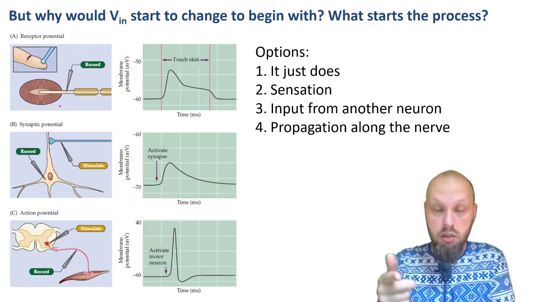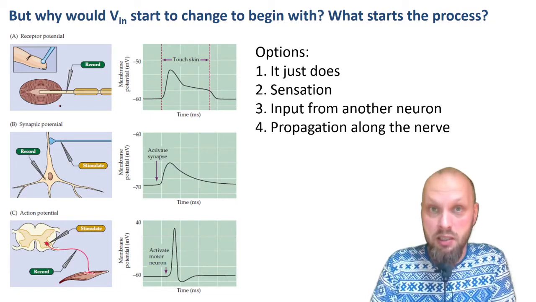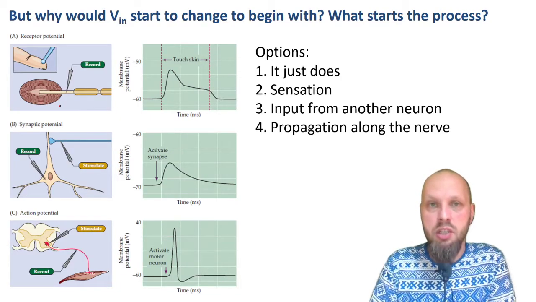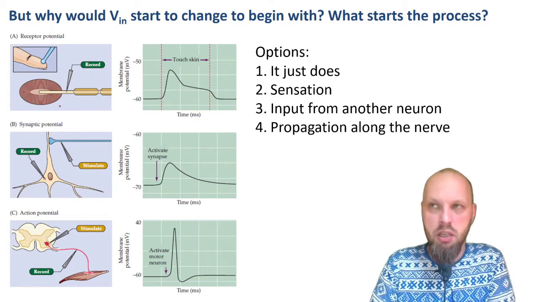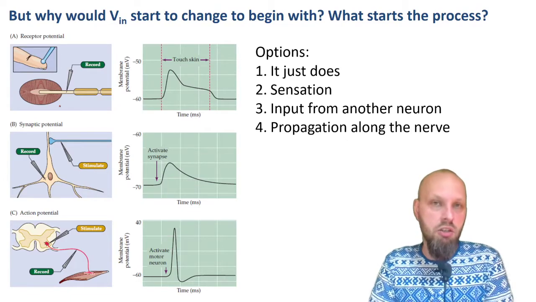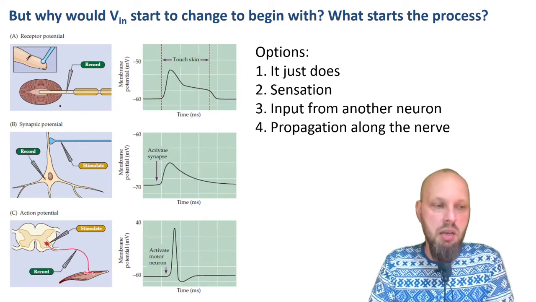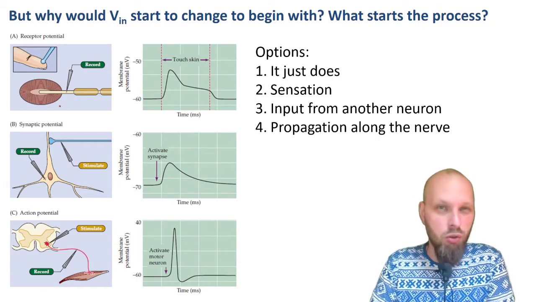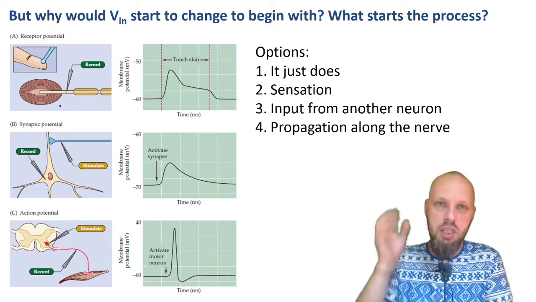And the first answer, for which we don't have an image, sometimes it just happens. So most neurons, or at least many neurons, are capable of just spiking spontaneously, and spontaneously means out of nowhere, right? They just do. Sometimes they don't spike spontaneously normally, but if they're silent for too long, then they generate an action potential. But some neurons just keep going like that.